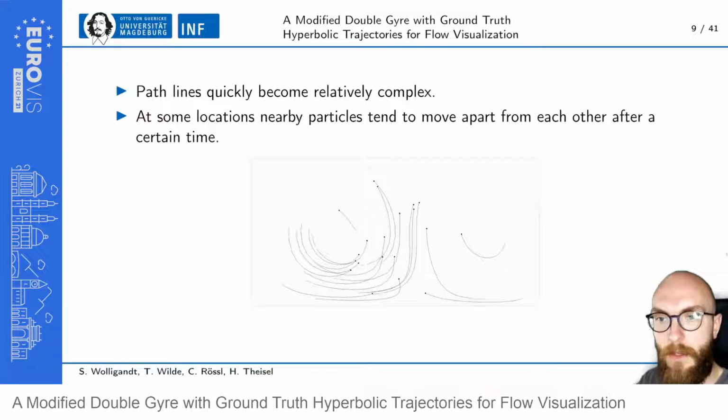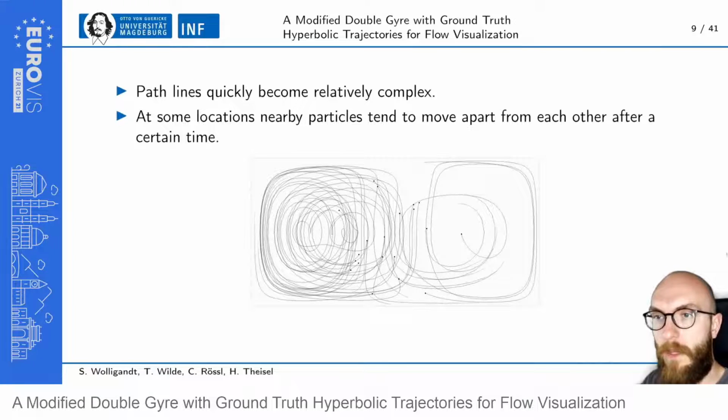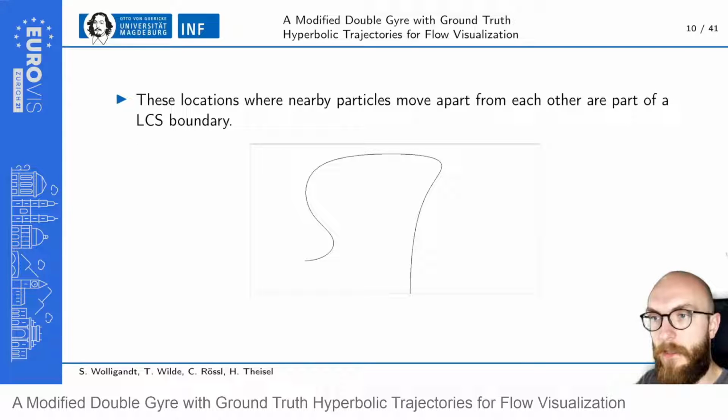path lines. These path lines define trajectories of particles that move in the flow, and they quickly become relatively complex, and at some locations nearby particles tend to move apart from each other after a certain time. And where does this happen? This happens exactly at these LCS boundaries. Now let's take a look at an example.